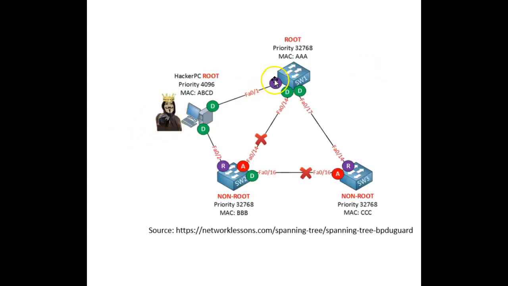If Fa0/1 had BPDU guard on it, what would happen is, as soon as this guy plugs into that and starts sending BPDUs to this switch, the switch would recognize that this has got BPDU guard on and would shut down that port. It would put it in an error-disabled state, just like we did in port security.